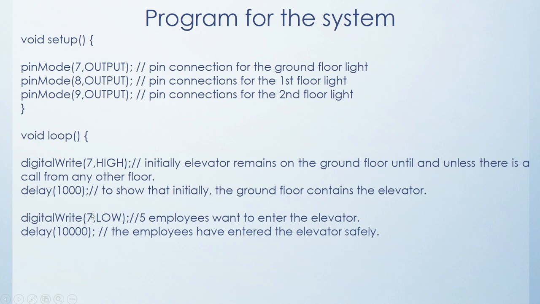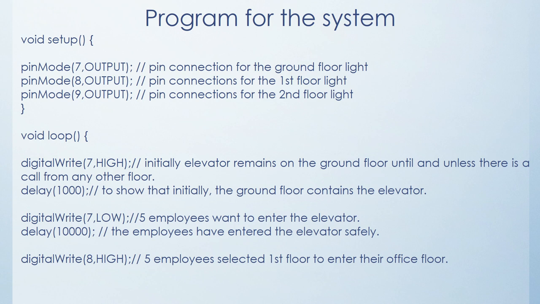So let's say 10 seconds are used, and during this time the door of the lift will be open and the employees will enter, and then finally the door of the elevator will close, which means the elevator will move from ground floor, pin number 7, towards the first floor, pin number 8.